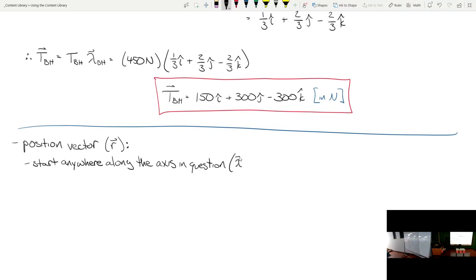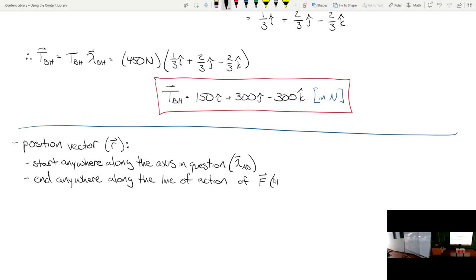So in this case, we're talking about AD. And it needs to end anywhere along the line of action of, getting ahead of myself, of F.